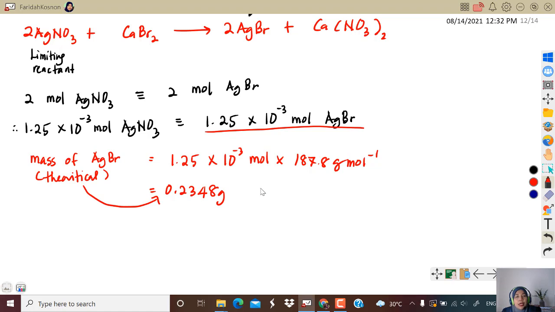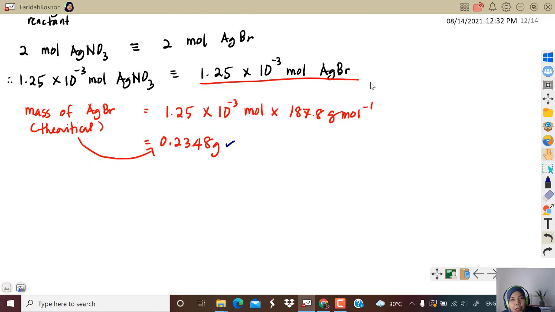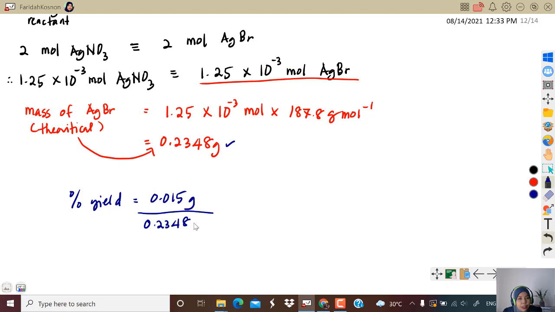So, sekarang you akan kira percentage yield. How to calculate percentage yield? By referring to the formula yang kita dah bincangkan tadi. Percentage yield is the actual yield, given as 0.015 gram, divided by 0.2348 gram, times 100.